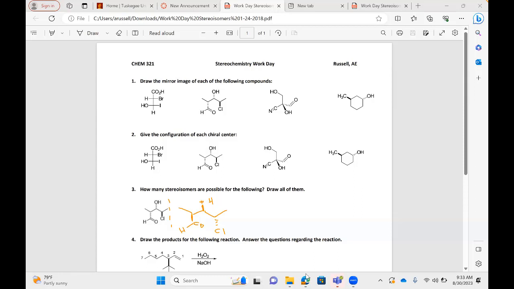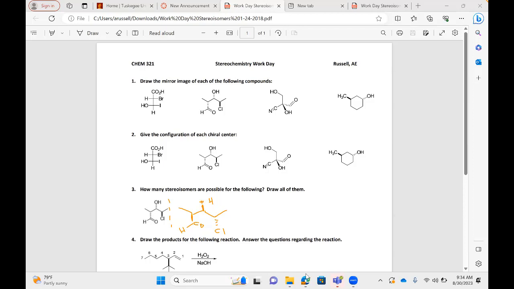Everything changes. Is that right? Yes. So that's why I have it drawn that way. Does that make sense? Yes. Okay. So that's the original image and the mirror image.